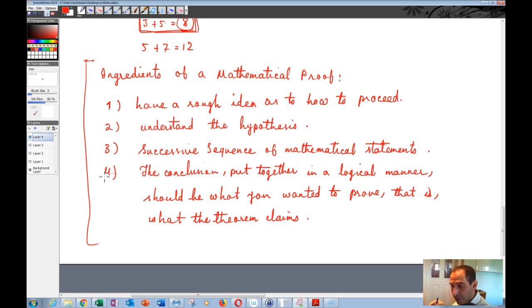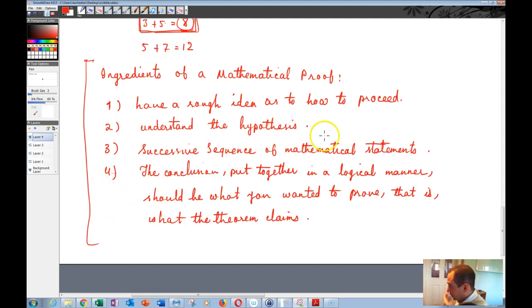Therefore, whenever I come across proofs, I go through them just to logically understand them. And that's enough for me. More than that, I don't really need to do.